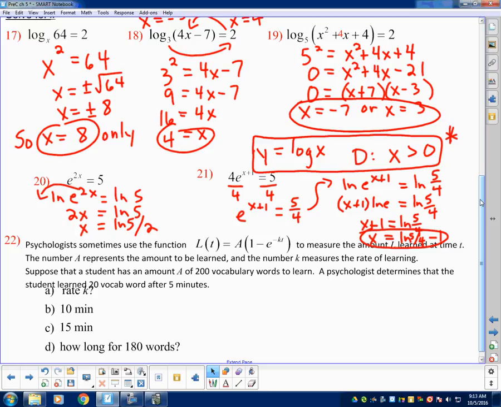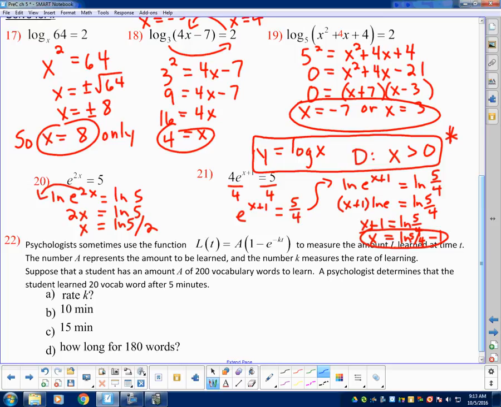So we're given here to determine the rate of learning k. What we're going to do is plug in the learning and the time. So the learning 20 will go in for L of t, and the time 5 will go in for t. And then the initial amount, A, is the 200 right here.